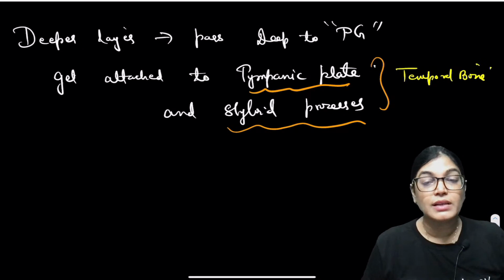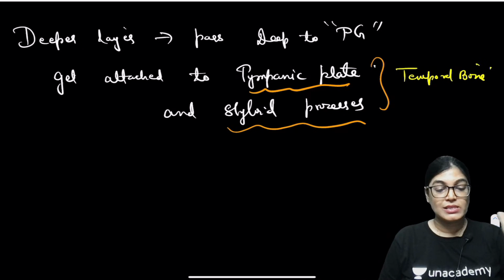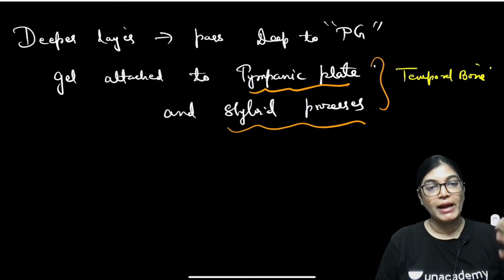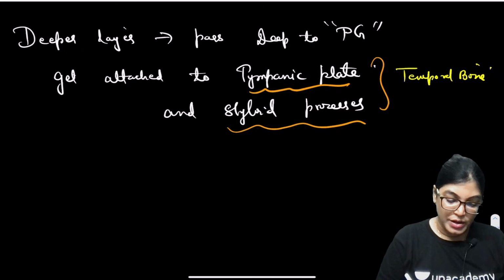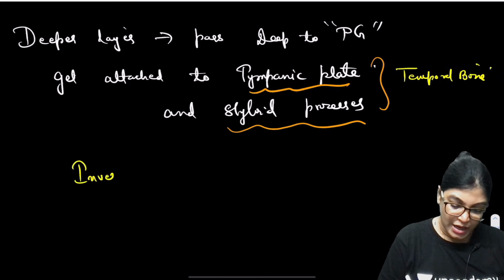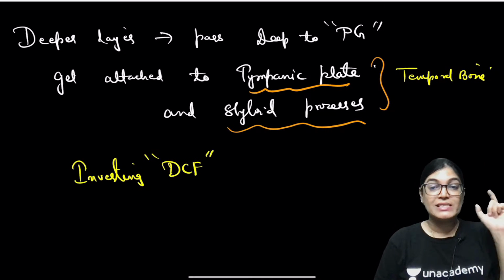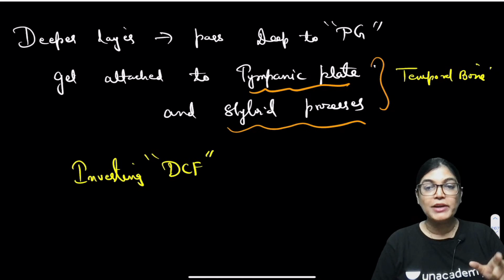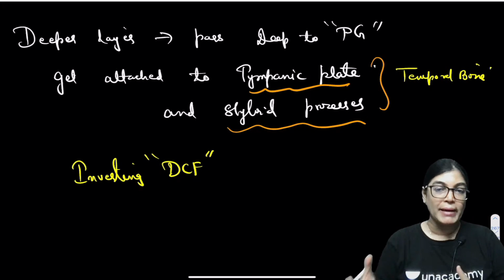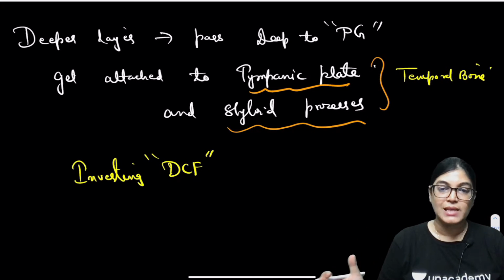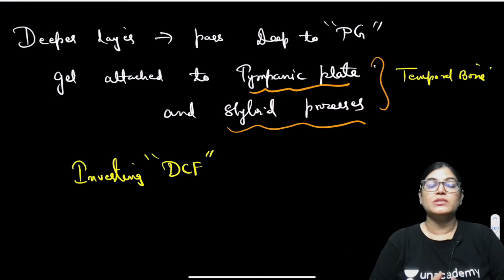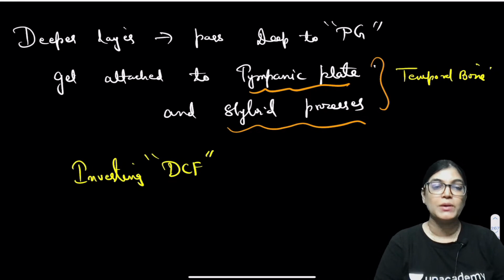So the part of the investing layer which is stretching between the angle of mandible and styloid process is forming a ligament, that is stylomandibular ligament. It is separating two glands from each other, that is submandibular gland from the parotid gland.